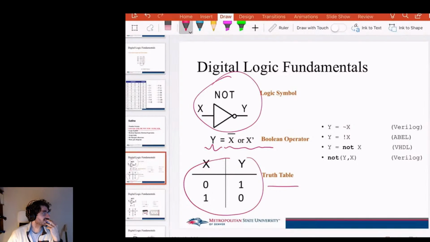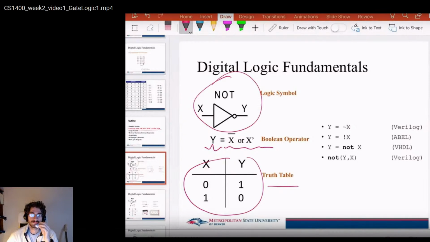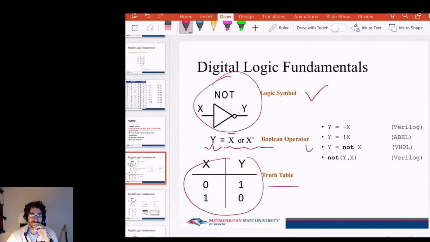So we'll use three different ways to represent basic gate logic: logic symbol, Boolean expression with Boolean operator, and the truth table, to represent the same logic. I require you to know the three different methods to represent the same logic. And of course, you will be using them through all the semester, so you have to know them.